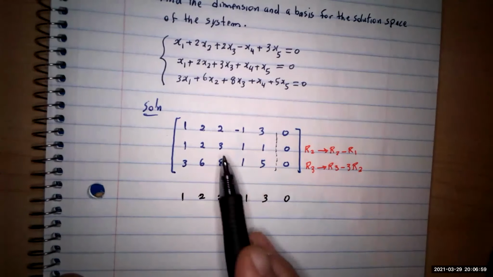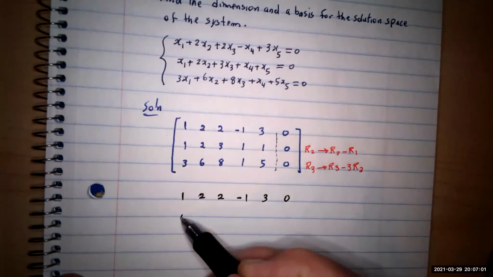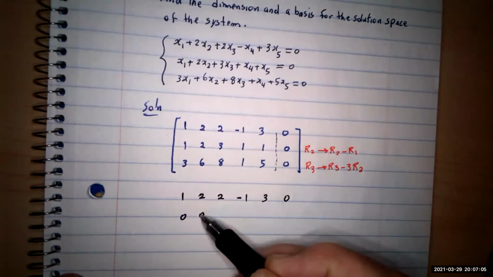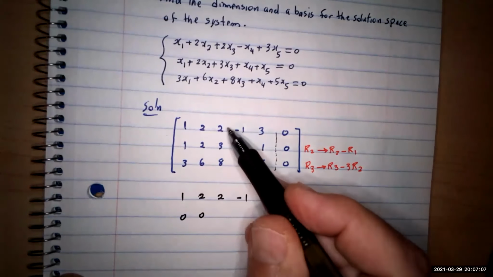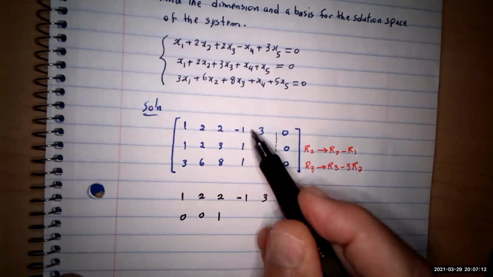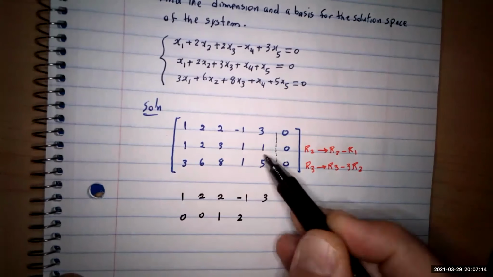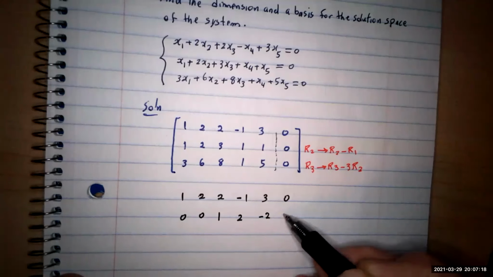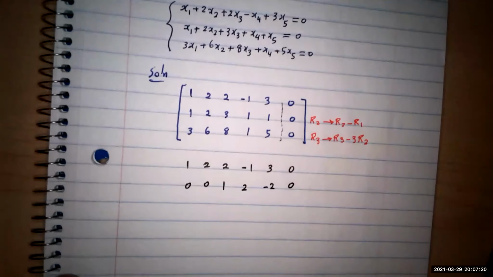The second one, R2 minus R1, is going to be 0, 0, then 1, and 2, and -2, and 0. That's the second one.